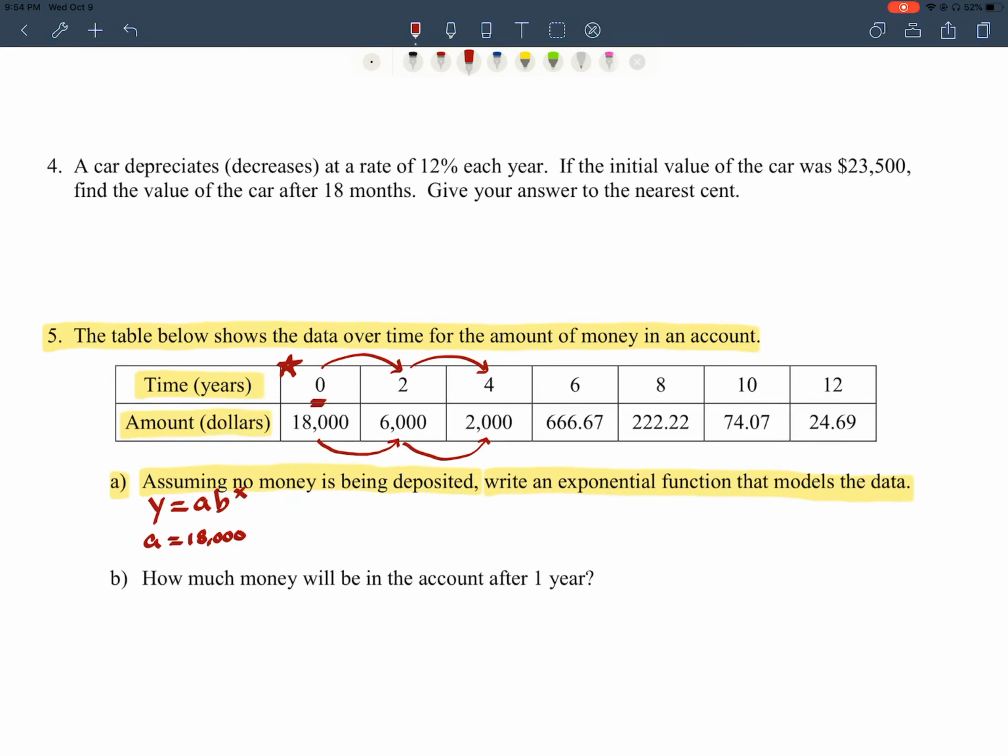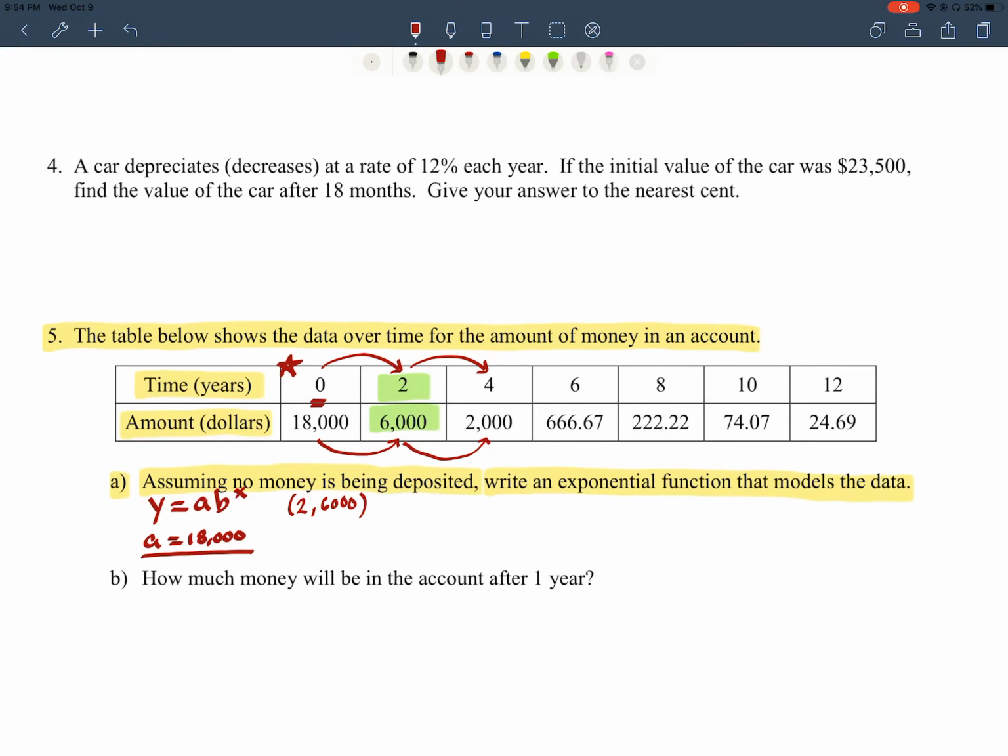So what we're going to do then is use this information that a is 18,000, and then we're going to choose a point. We can just choose the point that would be (2, 6,000).